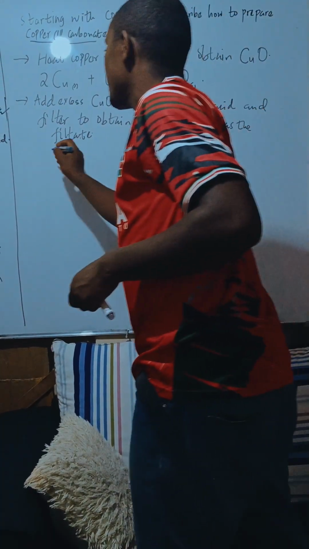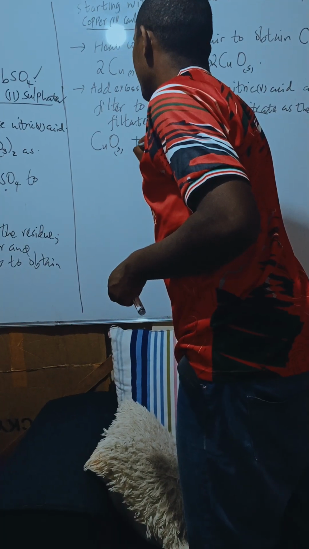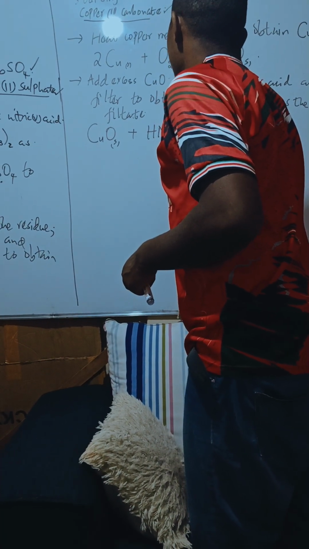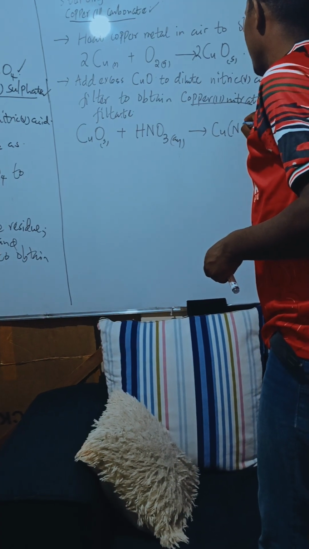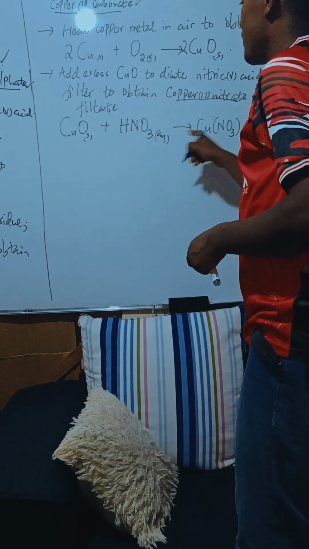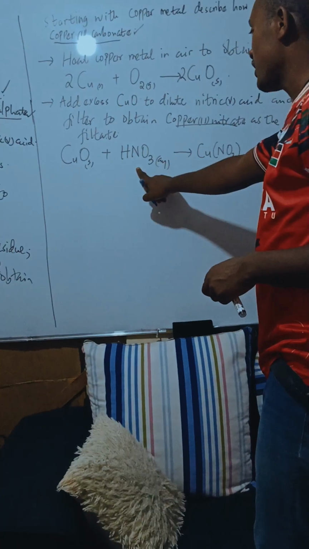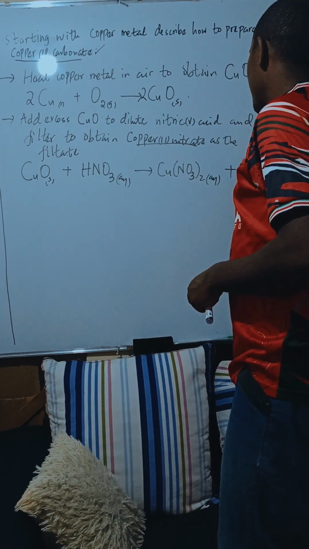Now before we continue, it's copper oxide solid plus HNO3 aqueous giving us copper nitrate, a soluble salt, or you can use sulfuric acid to give us copper sulfate, or hydrochloric acid to give us copper chloride, which is soluble, plus water.